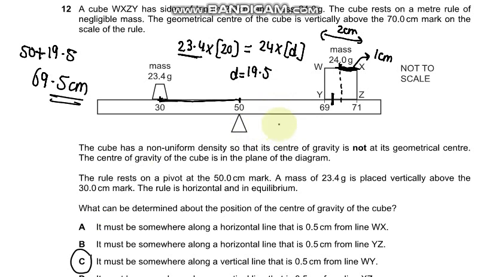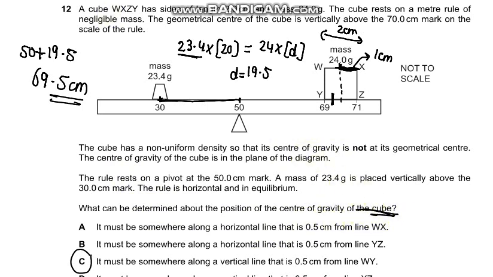So question number 12 is an interesting one. It says that there is a cube WXYZ which is non-geometrical. It does not have its weight at its center, that is, its center of gravity. We have a pivot, and a mass 23.4 grams at the 30 centimeter mark, and we need to determine the position of the center of gravity of the cube.